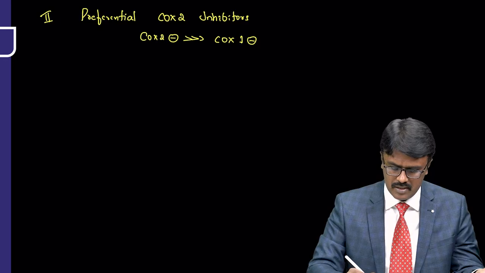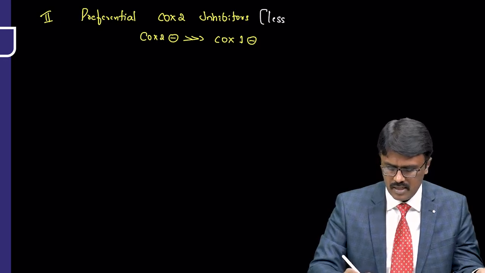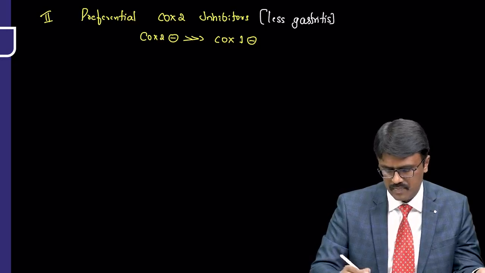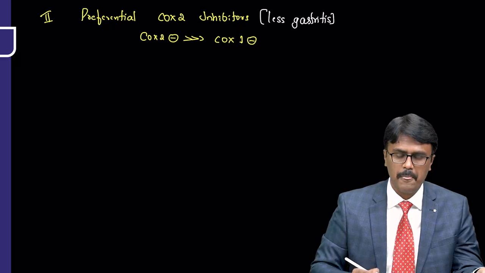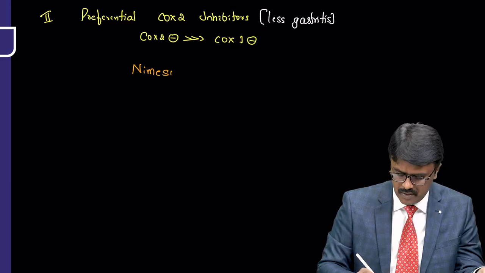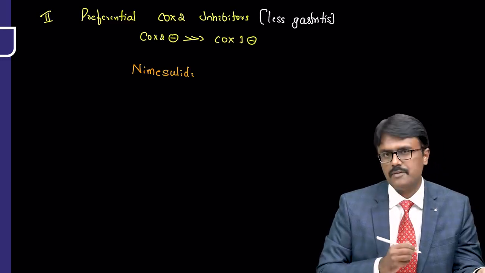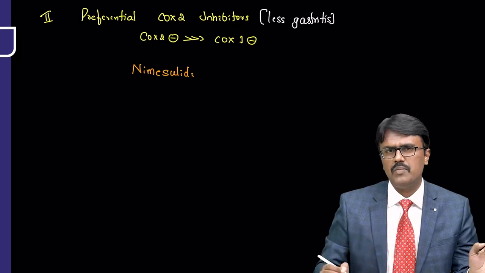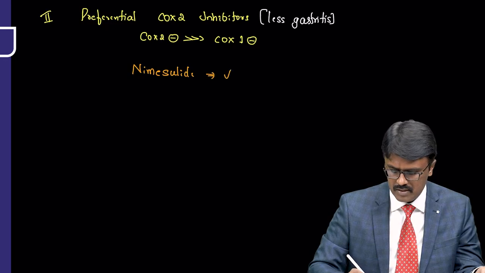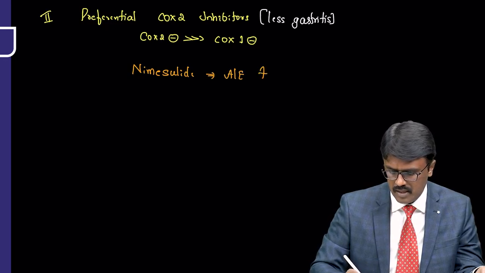So the advantage is less gastritis compared to other drugs. So what are the drugs in this category? The drugs are nimesulide. Nimesulide is one of the beautiful analgesic antipyretics, but the adverse effect of the drug is that it is hepatotoxic.